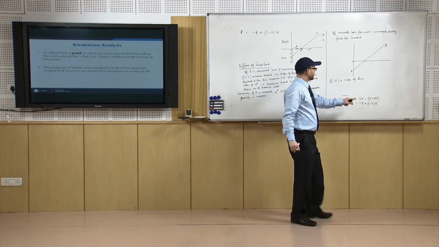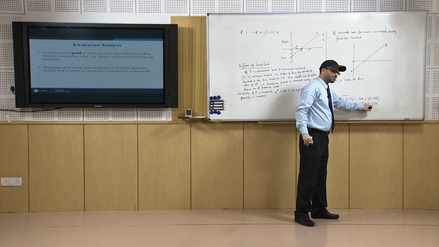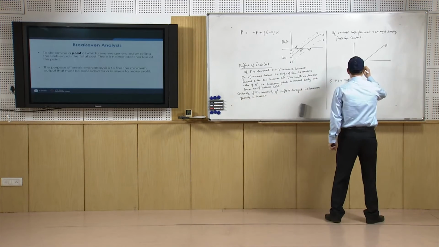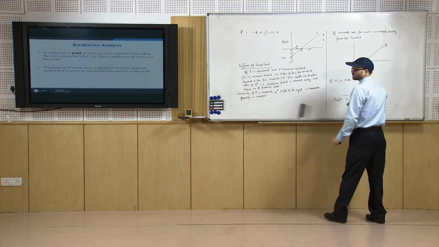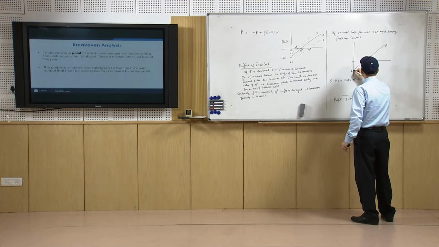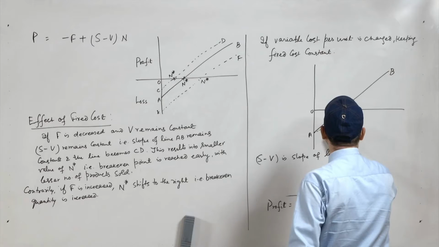If we increase the variable cost, the slope of the line will decrease. So, keeping the fixed cost same, if the slope of the line is decreasing, the line will take this form.